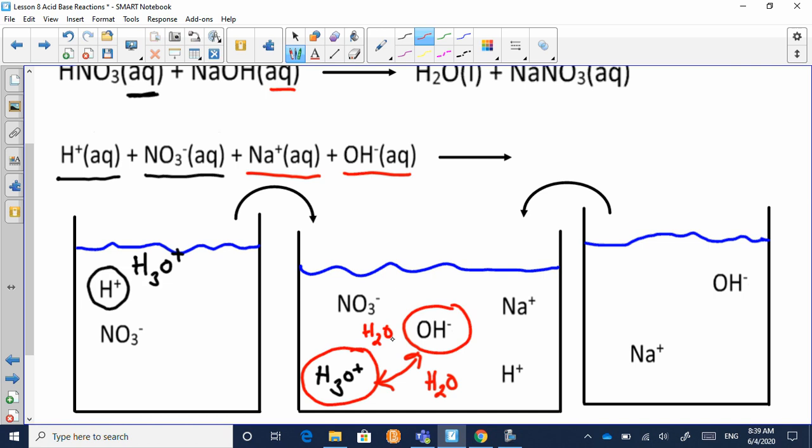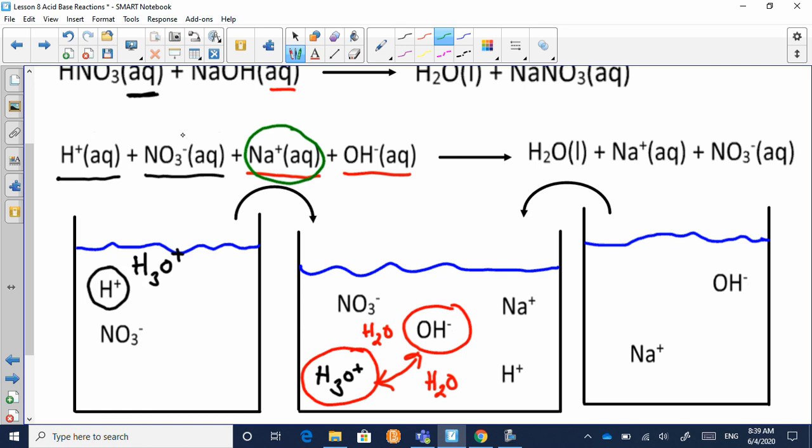So let me just show you in our total ionic equation that in this case, you've got an H2O. Now the Na and the NO3, nothing happens with them. They remain as spectators. So look at this. The Na and the NO3 don't change. They're spectator ions. And you've got the H plus and the OH combining to make the H2O.